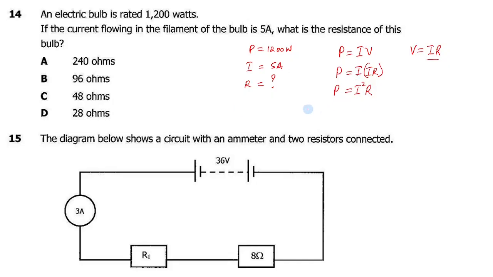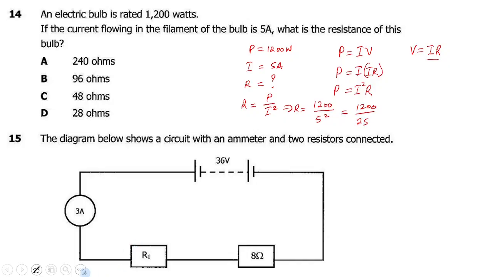So R will be equal to power divided by current squared. R is going to be equal to power they've given us, 1200, divided by current, which is 5. So 5 squared, so it will be 1200 divided by 5 squared, 25.